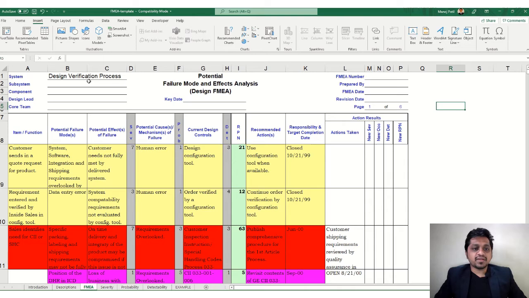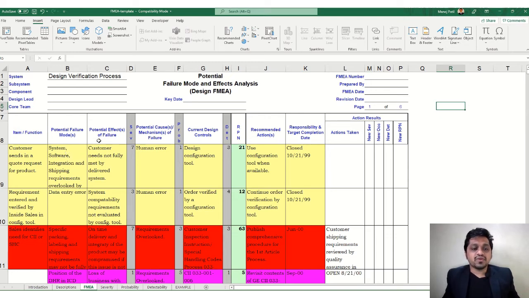So let's take an example. Here we have a design verification process, and first the customer sends in a quote request for a product. So this is my function. And what is the failure mode? The system software integration shipping requirements are overlooked, right?